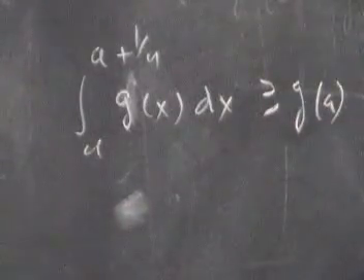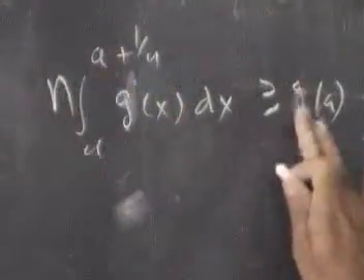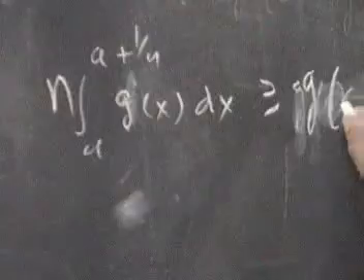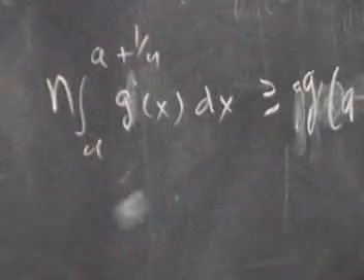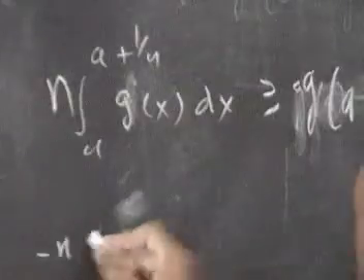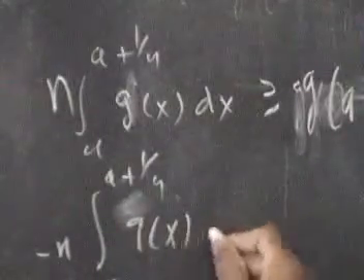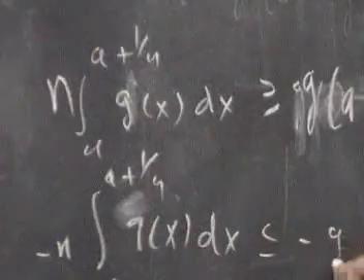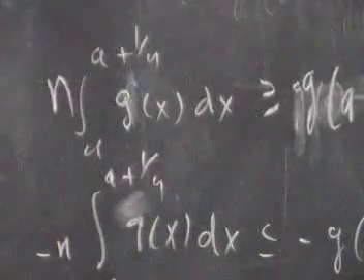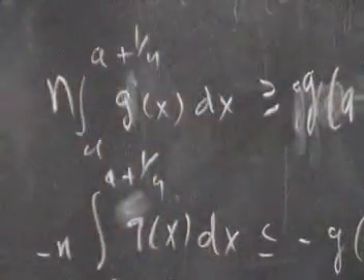So that is greater than or equal to G(A) times 1 over n. So n times this is greater than or equal to G(A). Right? And therefore, minus n times that is less than or equal to minus G(A). And this is true for every n, therefore the limit is less than or equal to minus G(A).